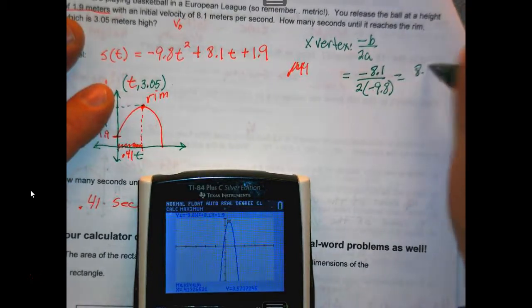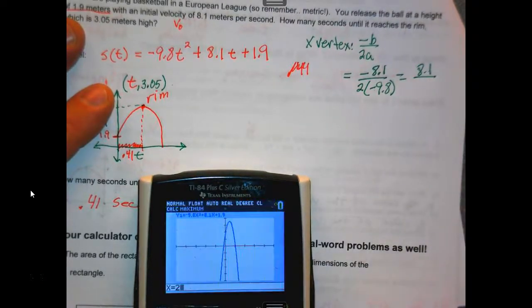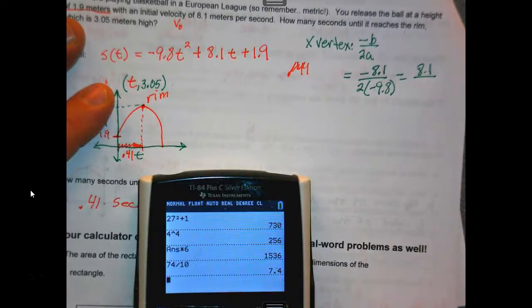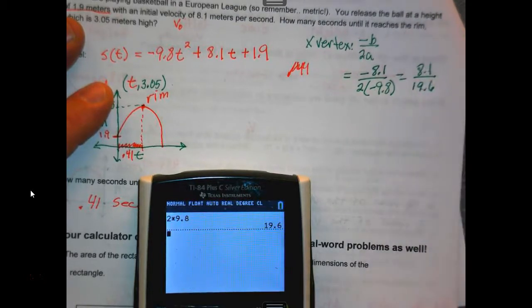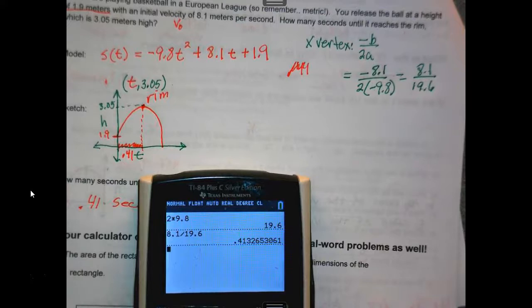So I have 8.1 over 2 times 9.8. I get 19.6. I'm going to take 8.1 and divide it by 19.6. And I get 0.413265. Guess what? It's the same number. So I'm 100% sure at this point that it's 0.41 seconds.